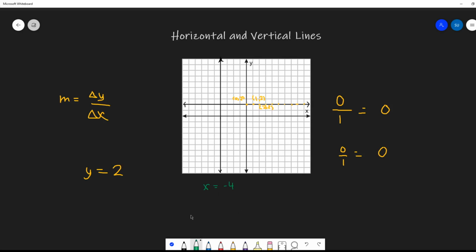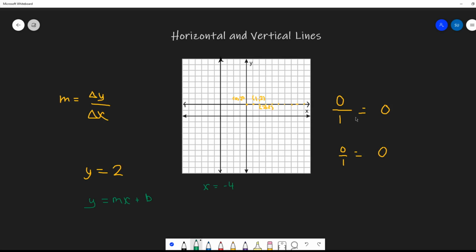Okay. And if you really want to work this out and do the math, you could say, ooh, y equals mx plus b, like we did with the last one. But the thing is, when you try to calculate the slope, you'll find an error. So we're going to do that right now.